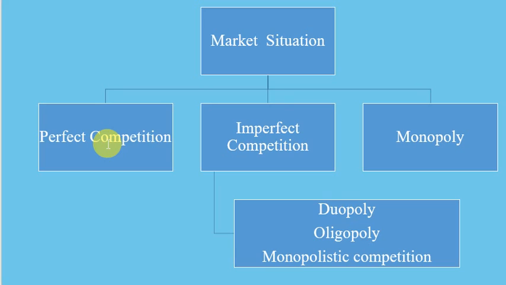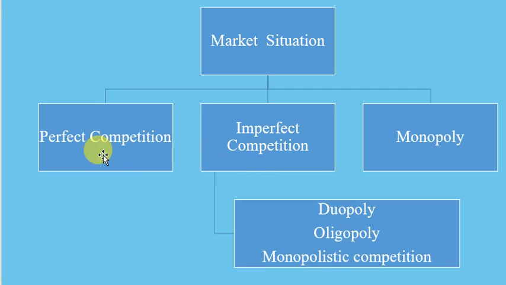In between, we can see imperfect competition, which has elements of competition as well as monopoly. In imperfect competition, again we see duopoly, two sellers, oligopoly, few sellers, and monopolistic competition, many sellers in the market.